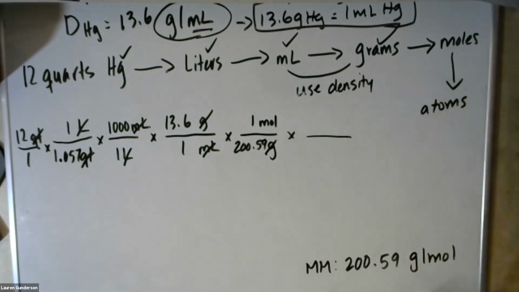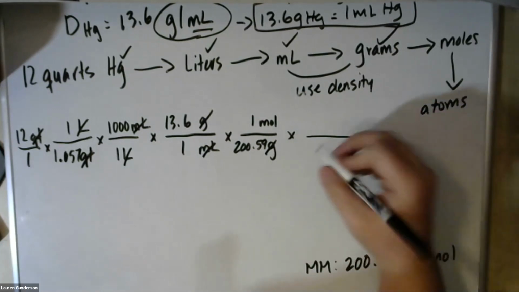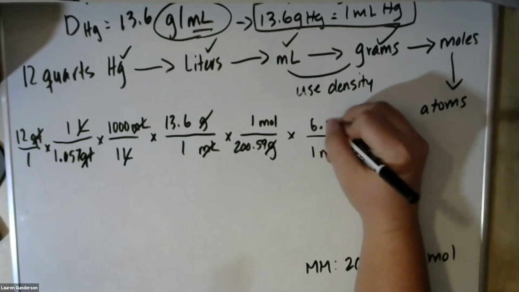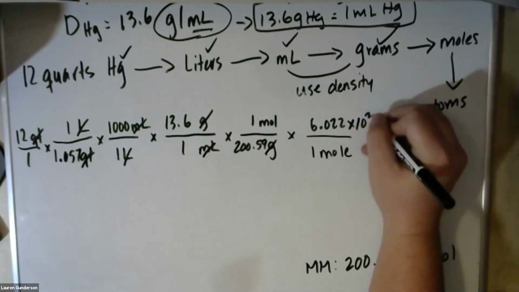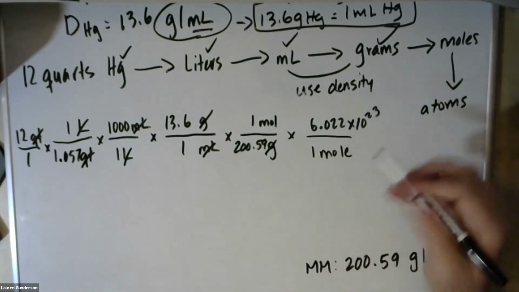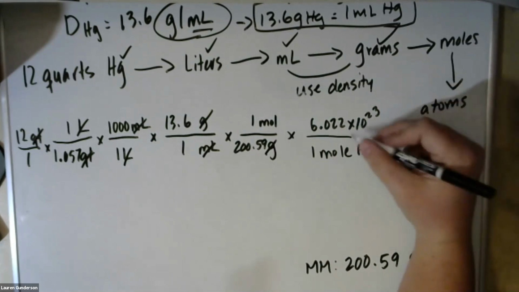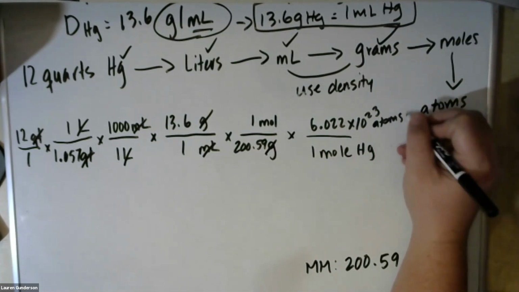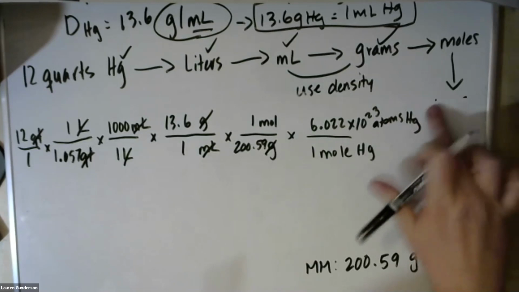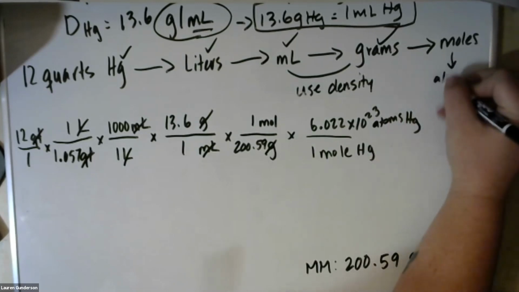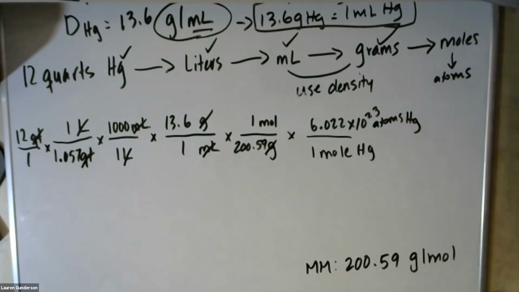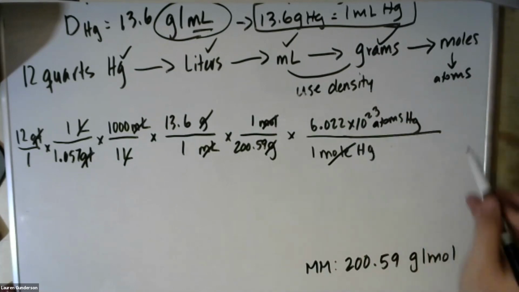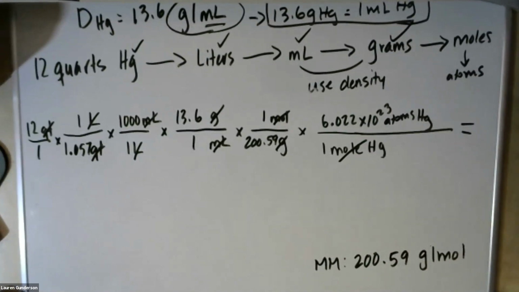Now to get to atoms, I'm going to use Avogadro's number. And Avogadro's number tells me that in every 1 mole of anything, I have 6.022 times 10 to the 23 of that thing. In this case, I have 1 mole of mercury, which means that I have 6.022 times 10 to the 23 atoms of mercury. Let's erase some of this. Okay, and now I'm going to plug this into my calculator. Okay, and definitely try this.